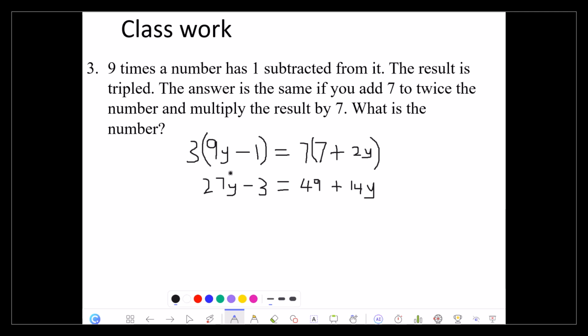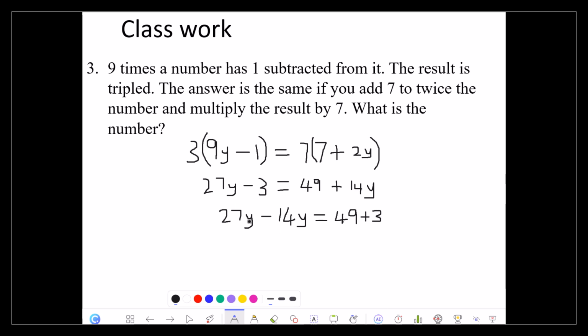When 14y crosses to this side, you remember 14 is a positive 14. When it crosses to this side, it will become negative 14, which is negative 14y equals to, when negative 3 crosses to this side, it will become a positive 3. It will now be 49 plus 3.